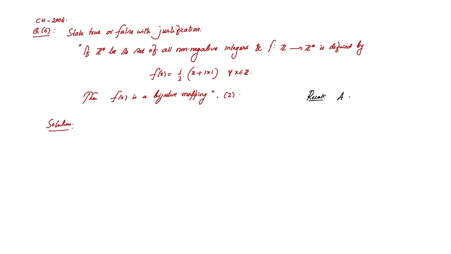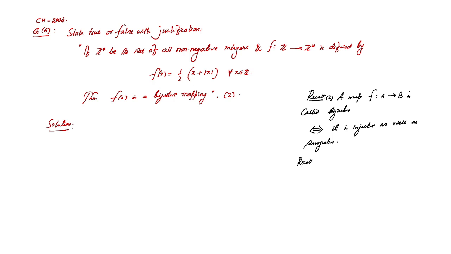Recall 1: a map f from A to B is called bijective if and only if it is injective as well as surjective.